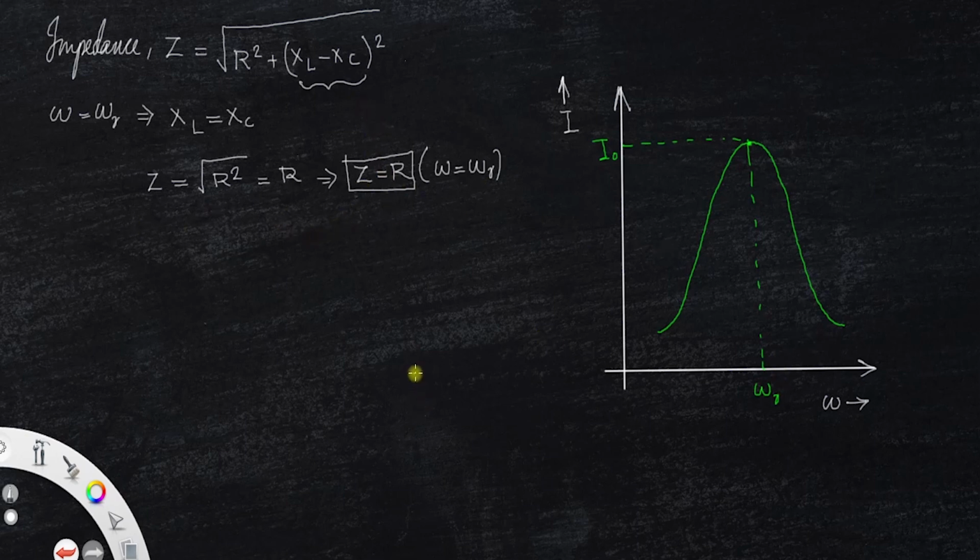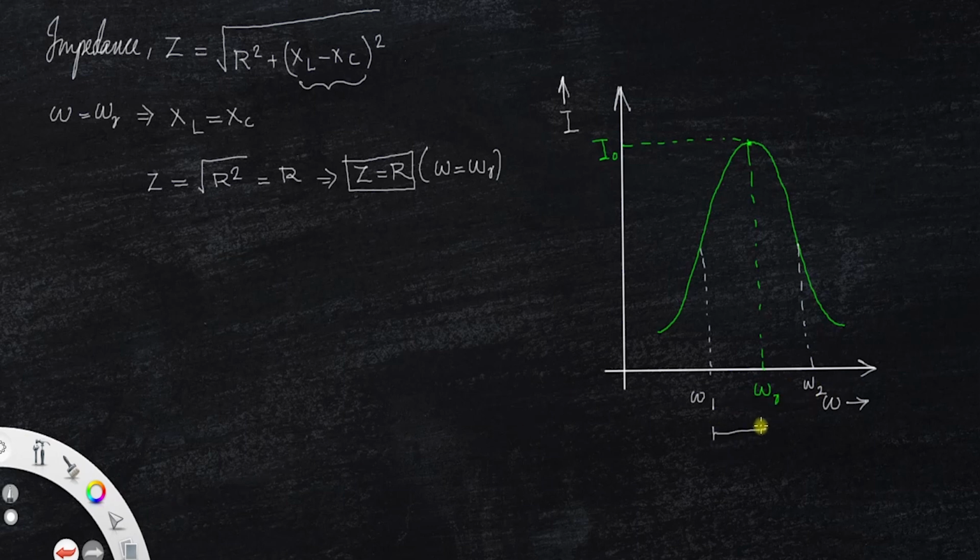Clear? Now, I took two other frequencies, omega 1 and omega 2. These are two different frequencies which are equidistant from omega r.